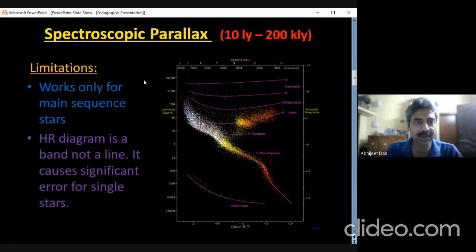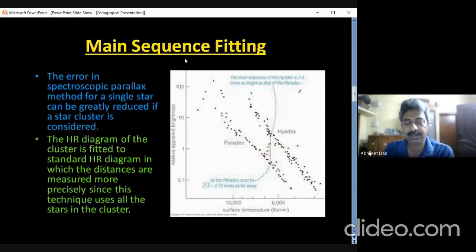Now, this error can be reduced considerably when we use this technique in a slightly different way, called main sequence fitting, where instead of a single star, we take a cluster of stars. Here the luminosity color index plot is obtained for the stars in that cluster, so we get an HR diagram for that cluster.